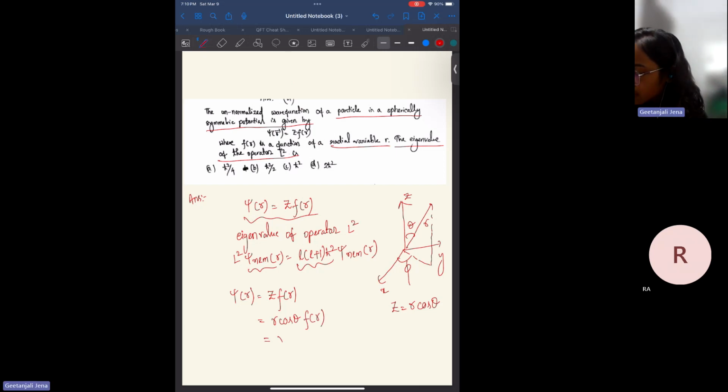So you are saying this is r f of r cos theta, right? This is the radial part, and this is one term which is related to spherical harmonics, which is Y_lm(theta, phi), right?